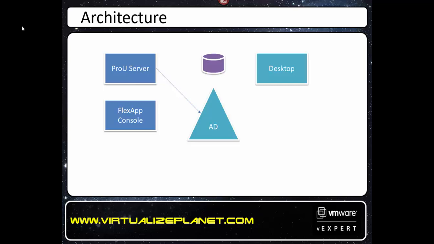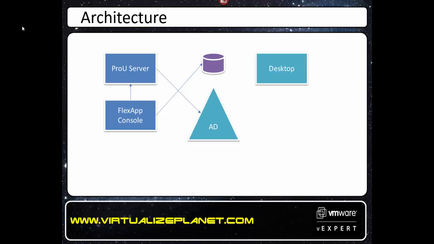The next thing we're going to do is package up an application from the FlexApp console, and you will actually see me install the FlexApp console. What that does is store the application into this shared location, this repository somewhere, but also informs ProfileUnity that we've got some applications packaged.